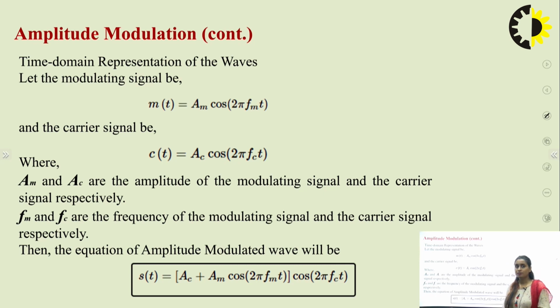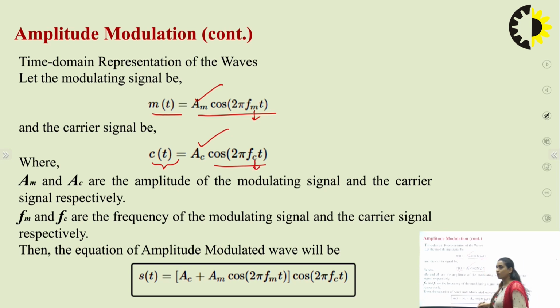If I want to make the time domain representation of it, m(t) can be represented as Am cos 2 pi fm t, if my message signal is a cos signal. The carrier c(t) can be represented by Ac cos 2 pi fc t, which is again a cos signal. Here Am and Ac are the amplitudes: Am is the amplitude of the message signal, Ac is the amplitude of the carrier signal. fm is the frequency of the message signal. fc is the frequency of the carrier signal.